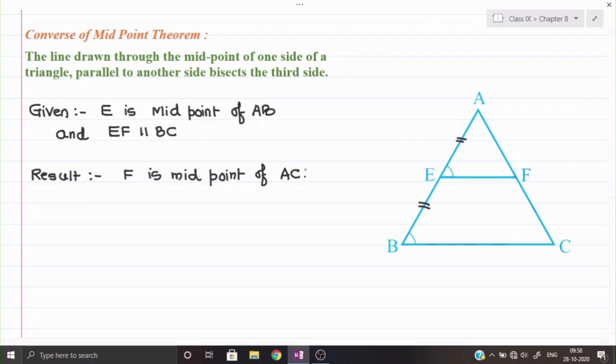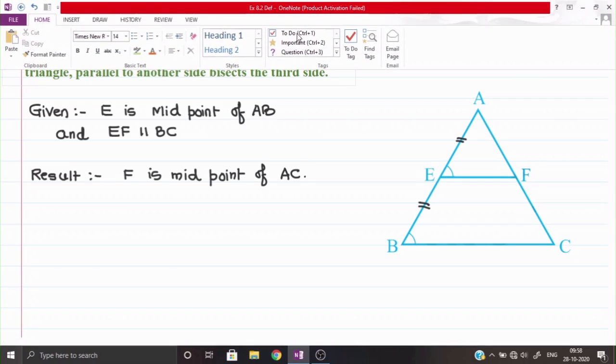One more example I will give you, because this example may not be sufficient.